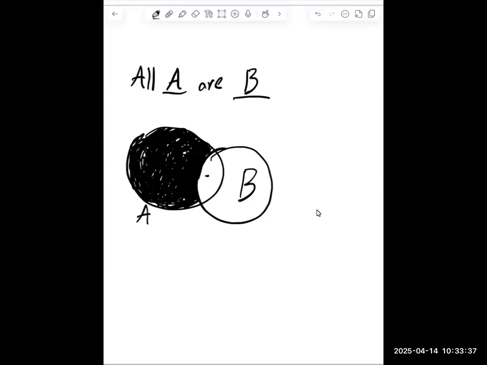The only things that can go in the A circle have to fall in the B circle because the rest is blacked out. But for all that this statement says, there are all these things in the B group that might not be in the A group. If I talk about something in B, it might be out here, does not have to be an A, right?